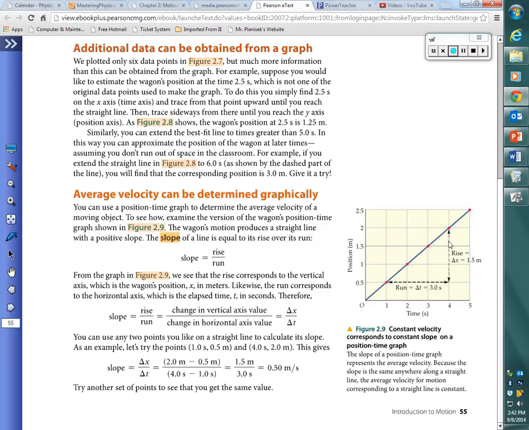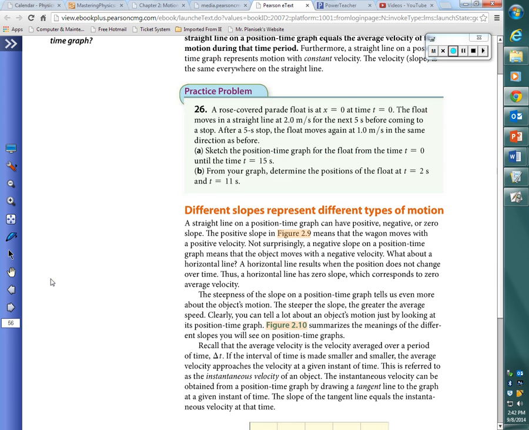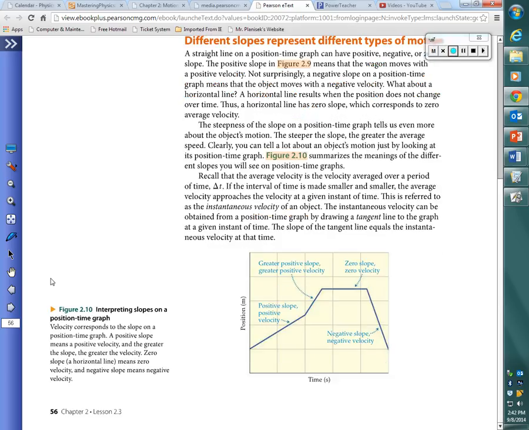All right, while this graph is great, it's pretty boring. On page 56, get a little bit more exciting. Some changes to those graphs.